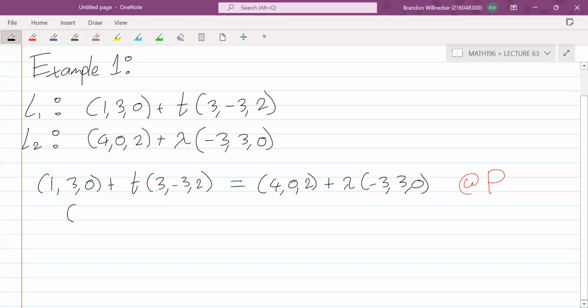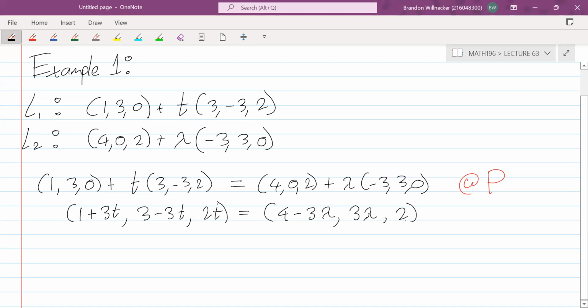So let's add the components on both sides and see what we get. On the left-hand side, we get 1 plus 3t, 3 minus 3t, and 0 plus 2t. On the right-hand side, we get 4 minus 3 lambda, 0 plus 3 lambda, and 2 plus 0, so just 2. So we get three equations, because the x components must be equal, the y components must be equal, and the z components must be equal.